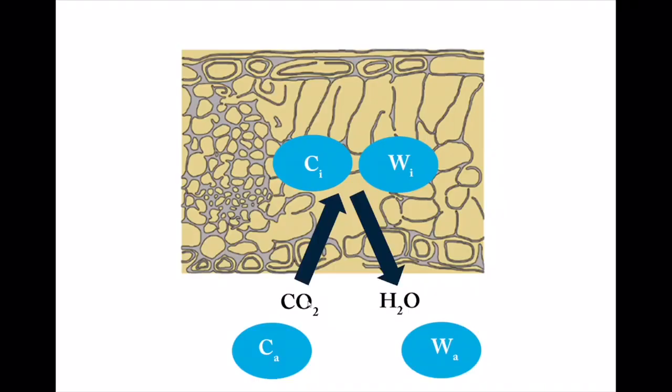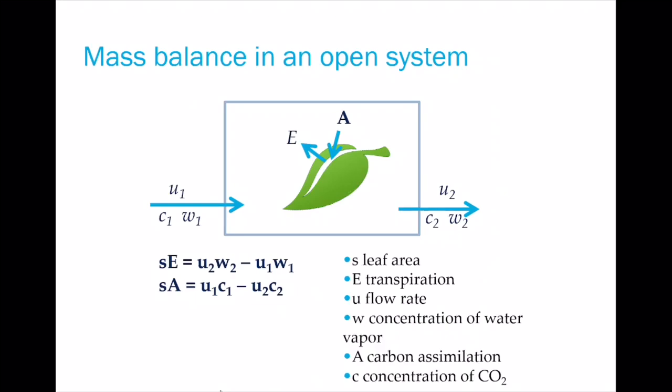So we can use our infrared gas analyzers to actually measure the amount of CO2 going into the leaf and the amount of water vapor leaving the leaf. And that is done through a mass balance equation. Basically, we take a leaf and we put it in the chamber, and assuming the conditions are right, that leaf is assimilating CO2 and transpiring water vapor.